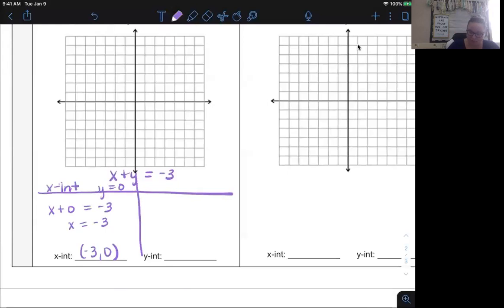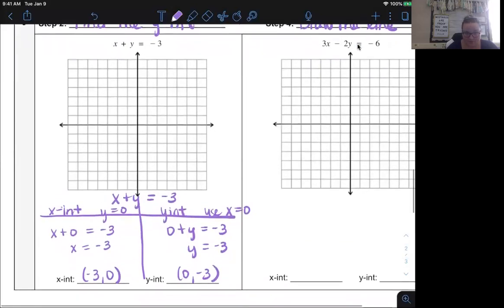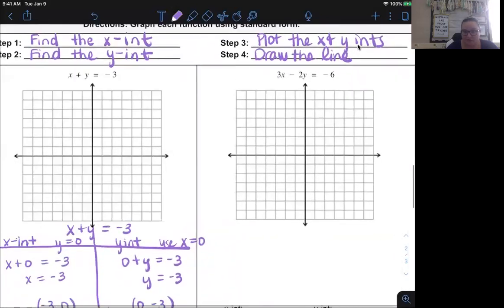Then we need to find our y-intercept. To find your y-intercept, you use x equals 0. So 0 plus y equals -3. So y is -3. So we have the point 0, -3. Then we need to, what was step 3? Plot the x and y intercepts.